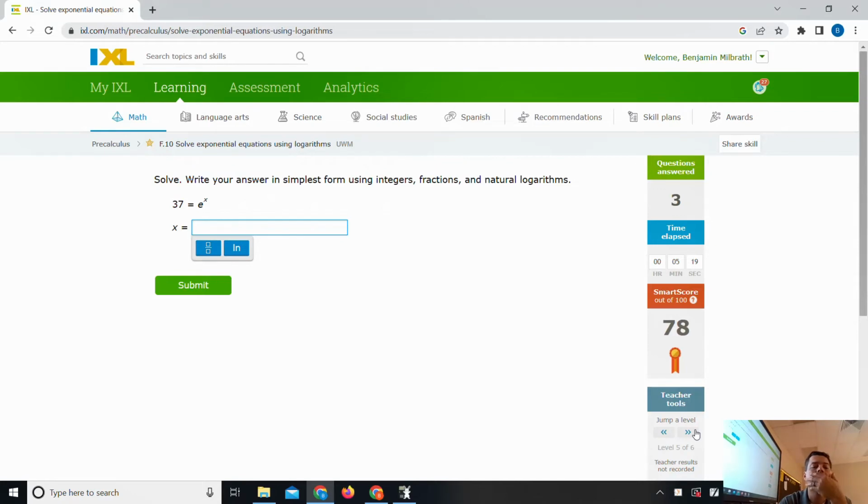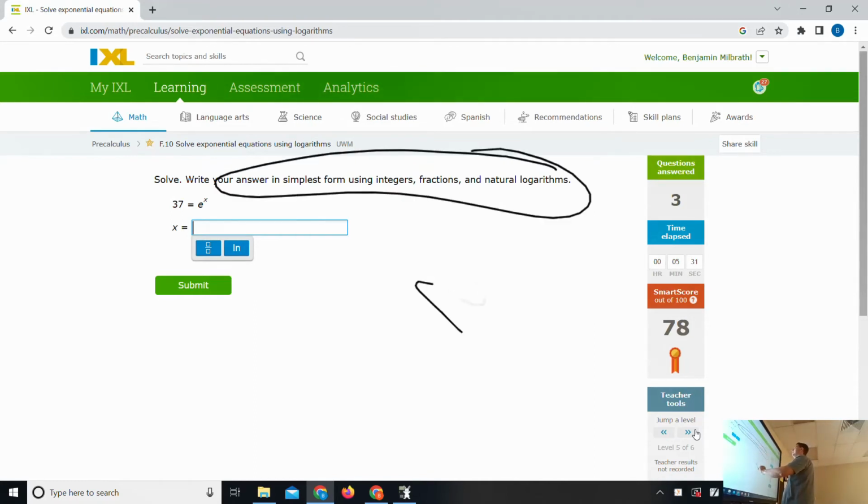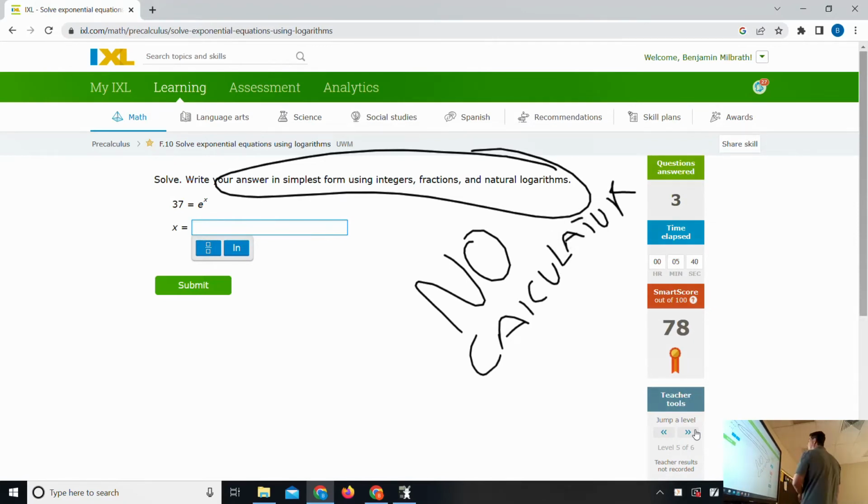I'm not even sure why this is in there, but why not? Oh, they want simplest form. They don't want decimals. Look at that text. Oh, I love this. No calculator. I love stuff like this. There is no calculator involved in this one. So this is just the ln both sides technique.